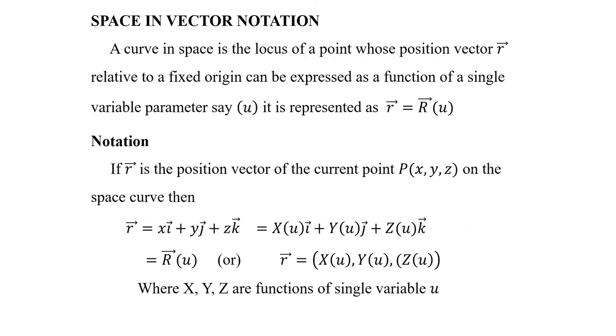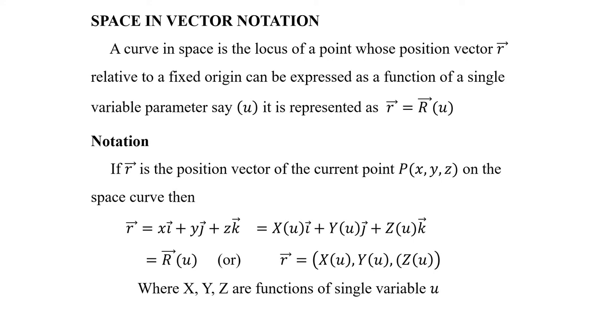Next one, space curve in vector notation. We know what a vector is: any quantity having magnitude as well as direction. Now we are going to see how to represent a space curve in vector notation. A curve in space is the locus of a point whose position vector, relative to a fixed origin, can be expressed as a function of a single variable parameter, say u.